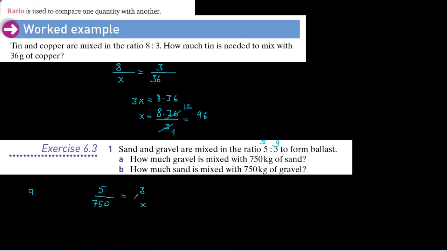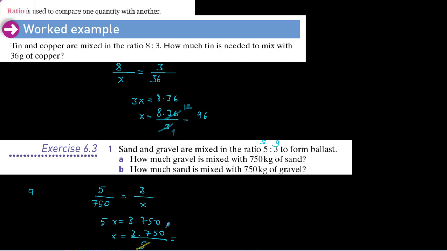And now I'm going to make the fraction here. Cross product: 5 times x is equal to 3 times 750. Then x is equal to 3 times 750 divided by 5, it has to be. Which means that 750 and 5 are both divisible by 5.